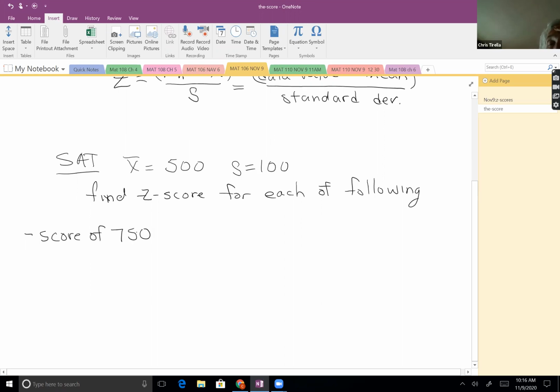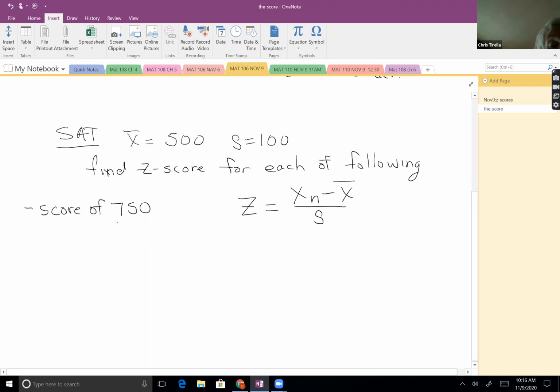A lot of times when we look at the z-score formula, the z-score is the data value minus the mean over the standard deviation. To say that I'm looking for the z-score for a grade of 750, sometimes you see that as z with a subscript 750.